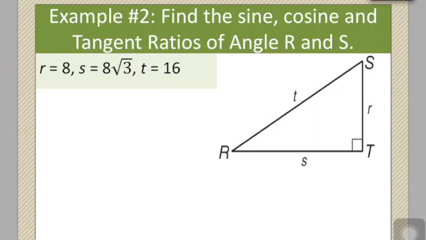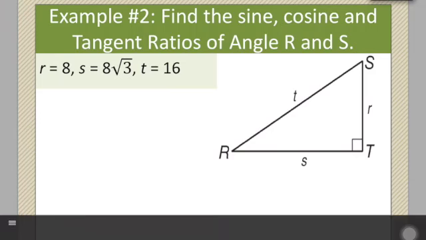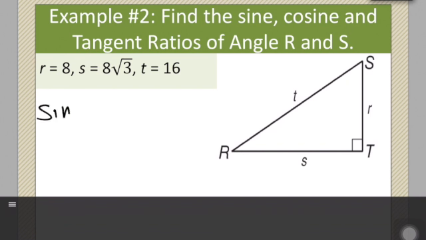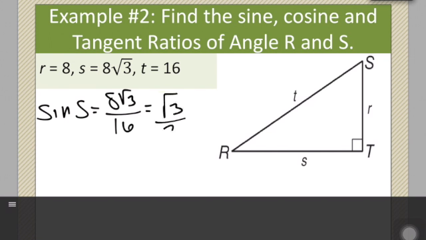Okay, so what you should have gotten for the sine of angle S is side S over T, which is going to give you radical 3 over 2.